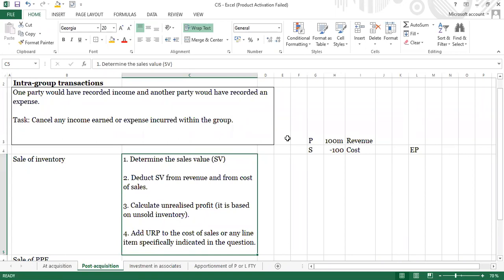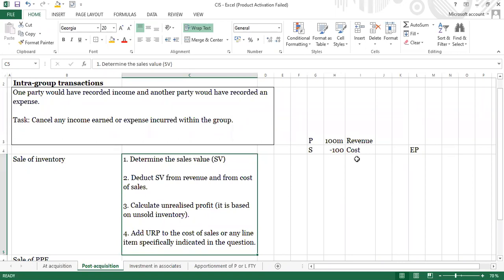That closing stock has an element of profit inside. Because of that, it is affecting your gross profit. Remember that the higher the closing stock, the higher your gross profit. So what we are majorly targeting is that closing stock.